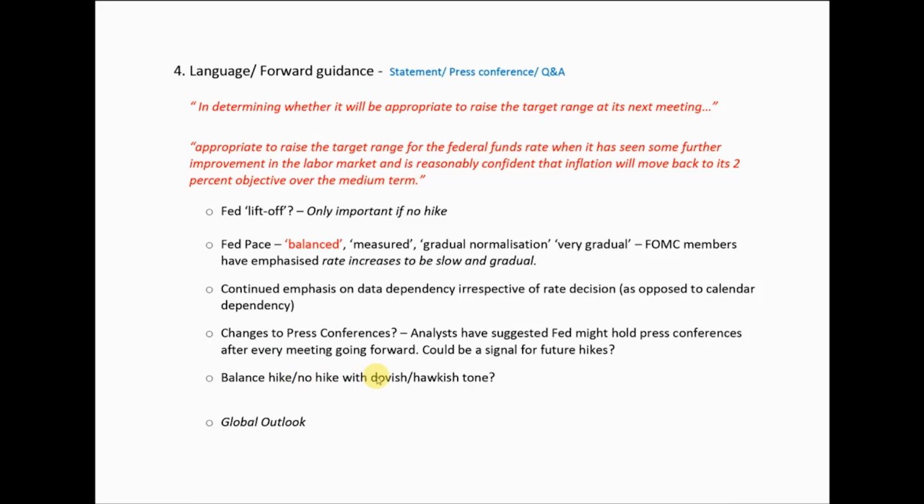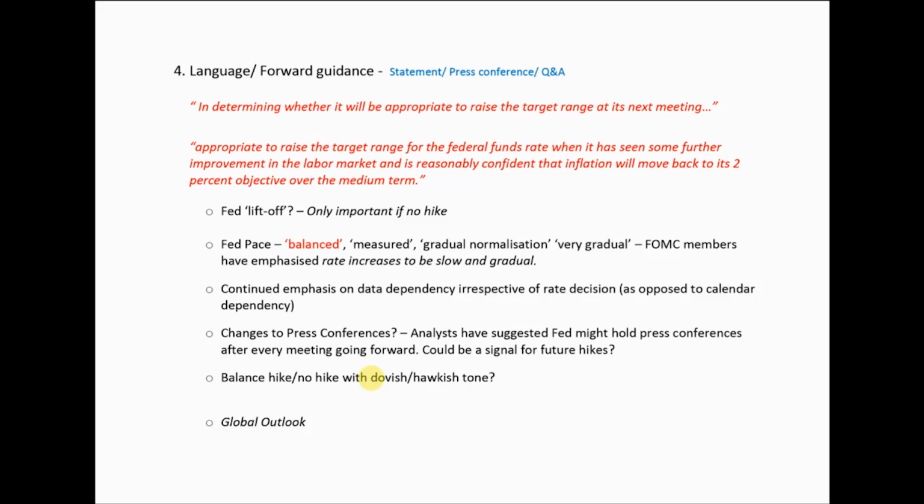A hike with a hawkish tone will create opportunity for us. The hike with a dovish tone, obviously there will be some opportunity, but probably not as much as with the others. But these are the sort of things we should be looking for in the language and the forward guidance. And as I said earlier, this could come up in the statement, the press conference, or the Q&A.